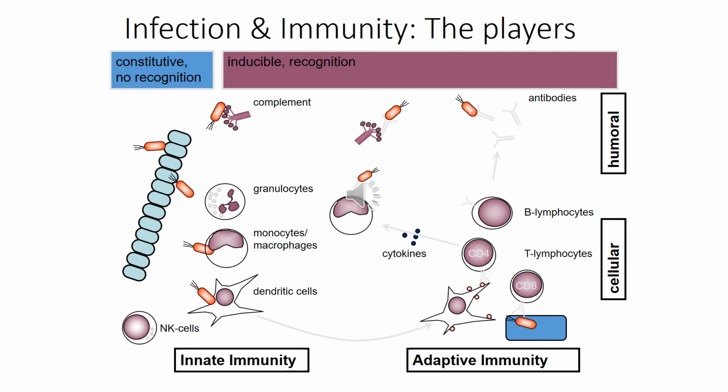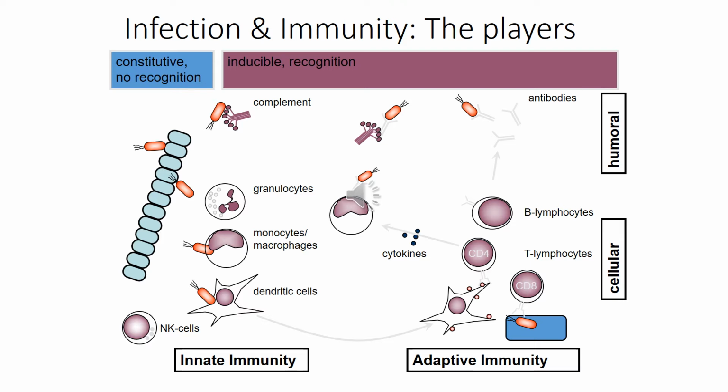And the reason why this little green tree is above the innate immunity and up in the top corner where the humoral immunity is, is because complement is innate immunity, but it is dependent to some degree on antibodies, which is the humoral immunity.